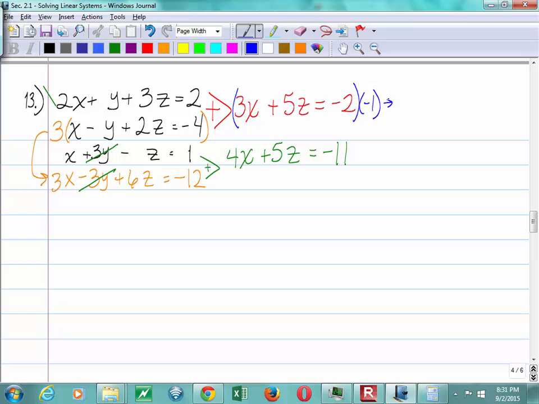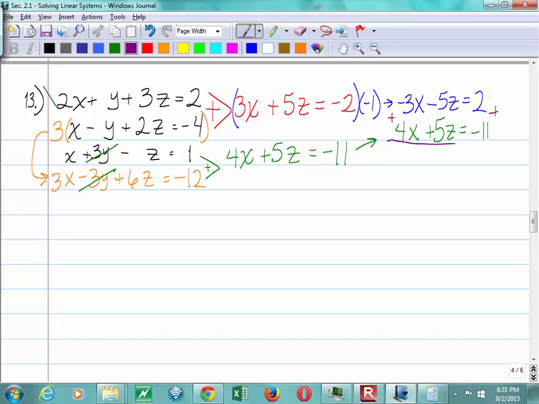Alright, so that gives me negative 3x minus 5z equals 2. And then I'm just going to bring this one over and line it up, so that's 4x plus 5z equals negative 11.